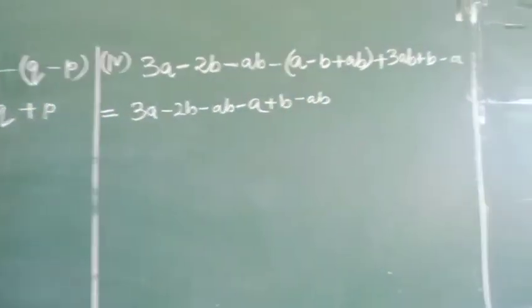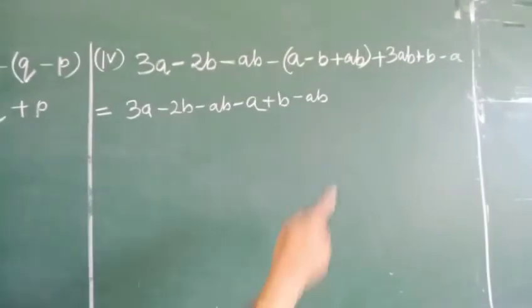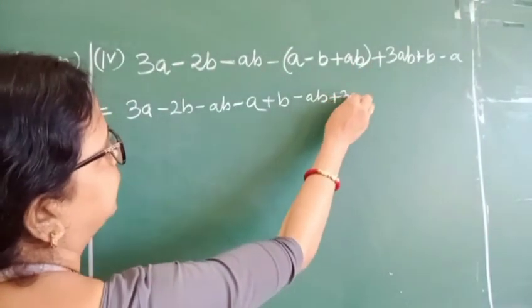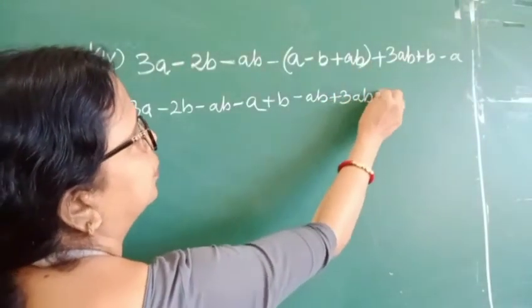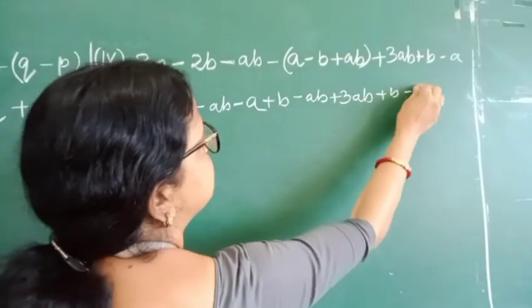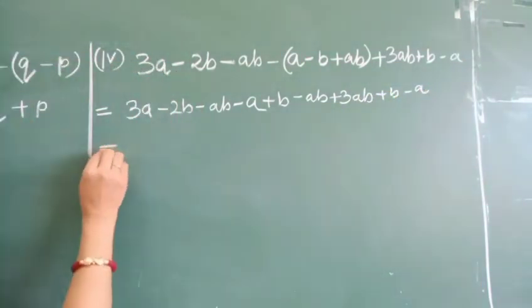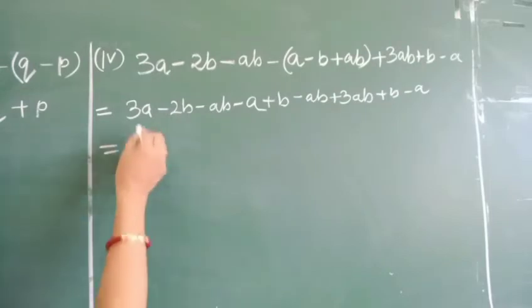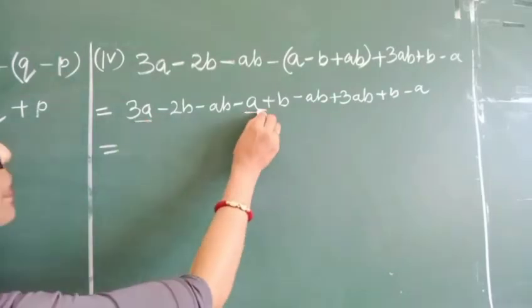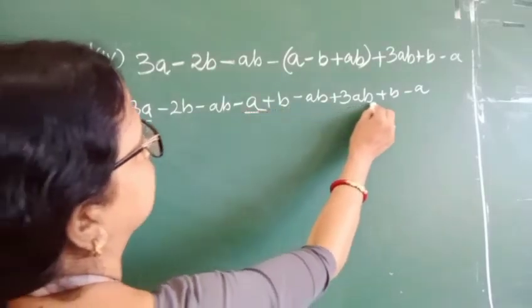After that, plus 3ab as it is given here, plus b minus a. Now find out how many like terms are there. 3a minus a minus a.